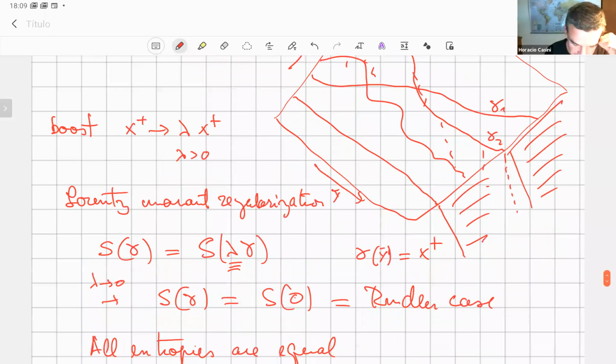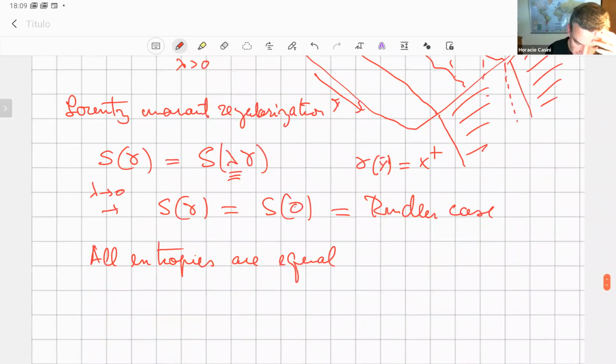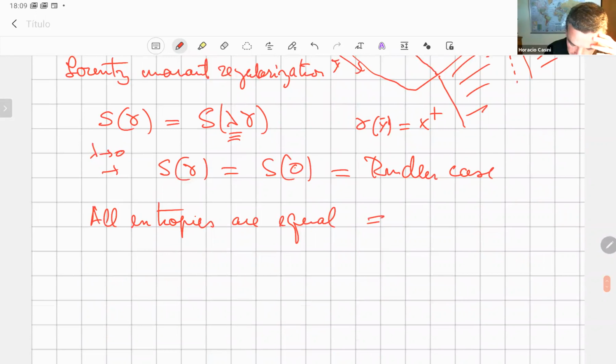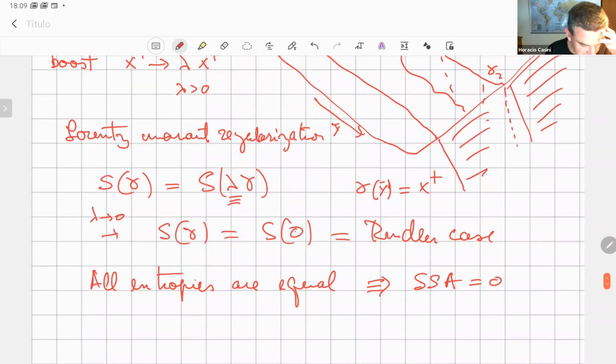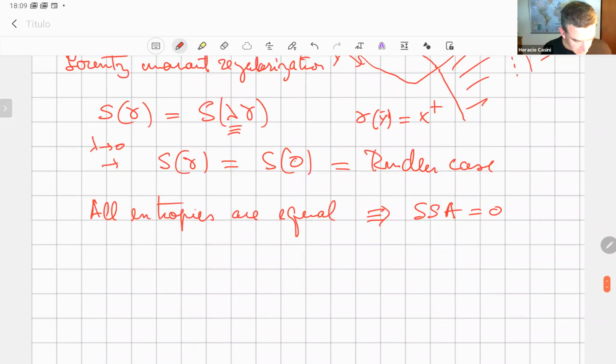And as all the entropies are equal, you have that the strong subadditivity is equal to 0. They just cancel in the strong subadditivity. And this is very general and very geometric. And as I told you, this does not depend on the functional being the entropy. It also holds for Renyi entropies.